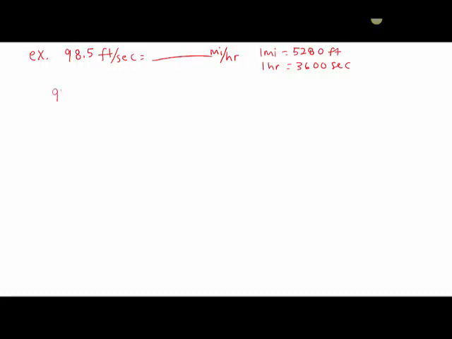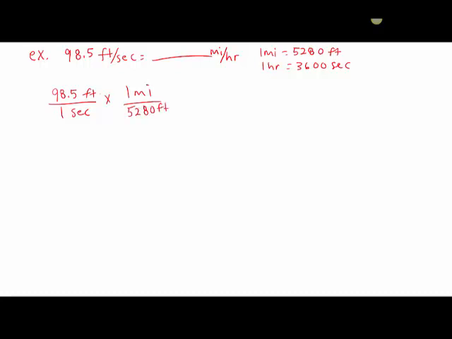And how you set that up, again, you still want to set it up where you cancel out what you need to. So feet per second. And let's do it like this so you can see it better. Let's do it 1 second times 1 mile over 5280 feet.